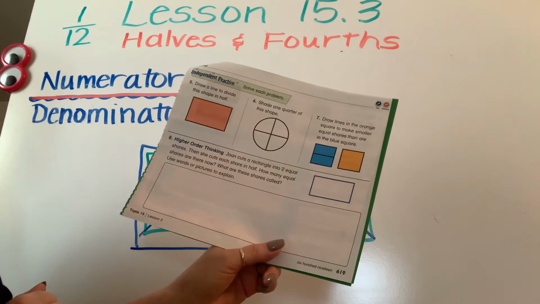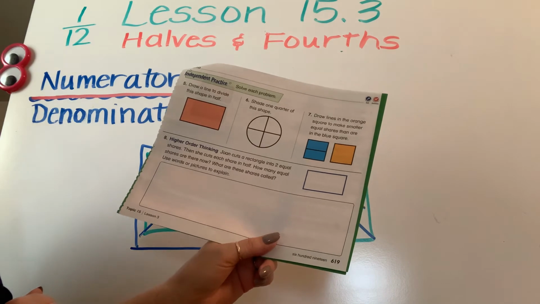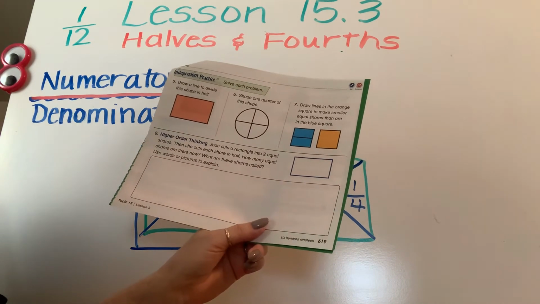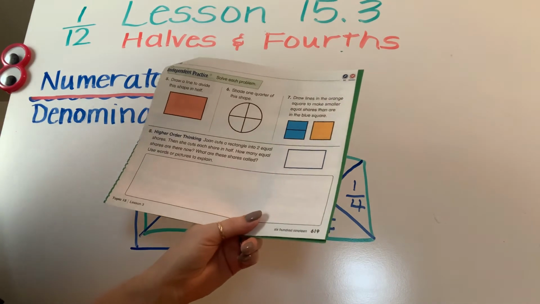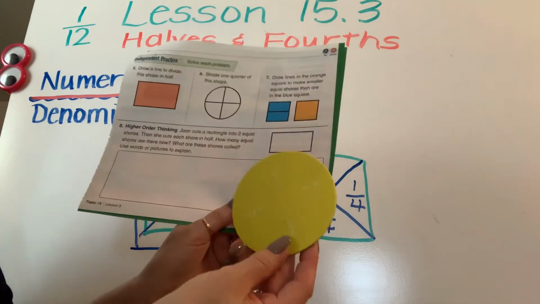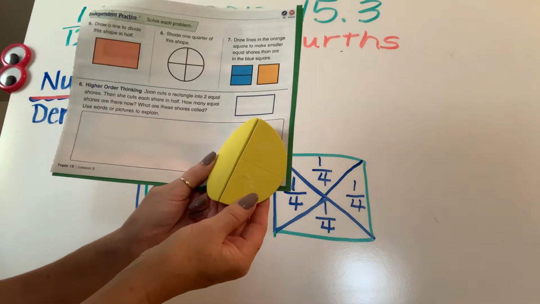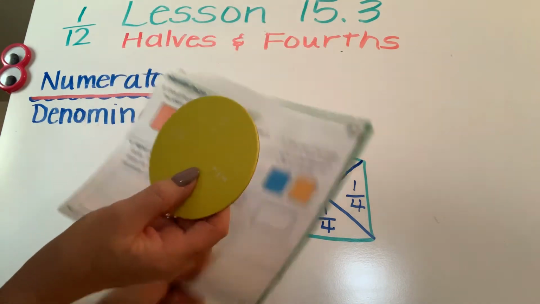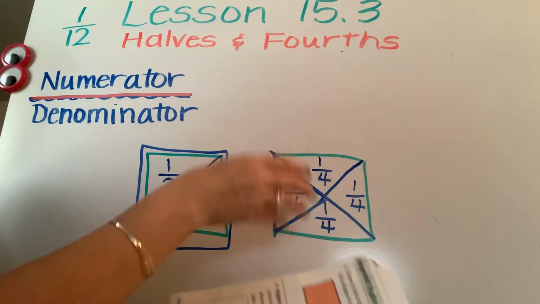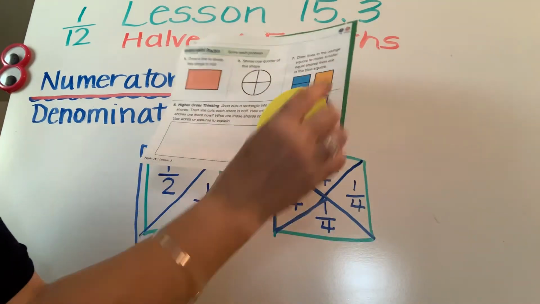Number 6, shade 1/4 of this shape. 1/4. And I'm going to put up, do you guys see my circle? And I don't know if you can even read that. It says 1/4. Whoops, I forgot that's not a magnet.